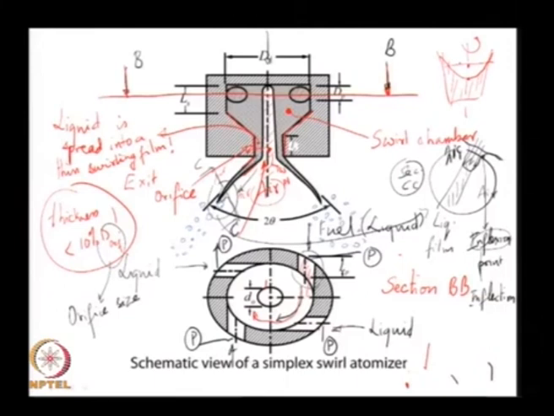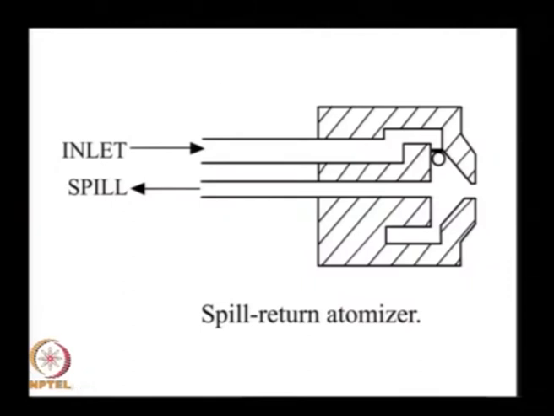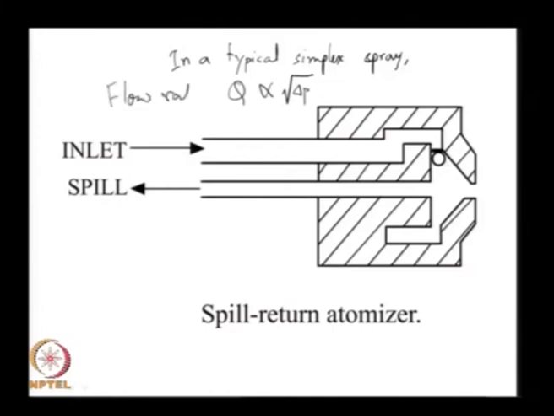People have found over many kinds of designs that in a typical simplex spray, Q goes as the square root of delta P. I use the symbol delta P for supply pressure.